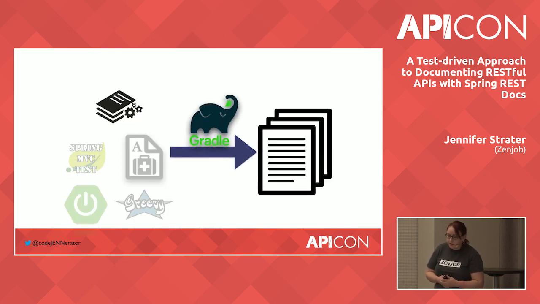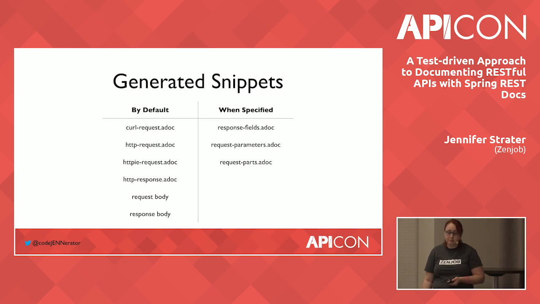Okay. So now we have some examples. We have some tests that are using Spring REST Docs. When we actually run the tests in Gradle, what happens? So we get some code examples. On the left are the ones that we get by default, and the ones on the right are ones we get only when we request them.